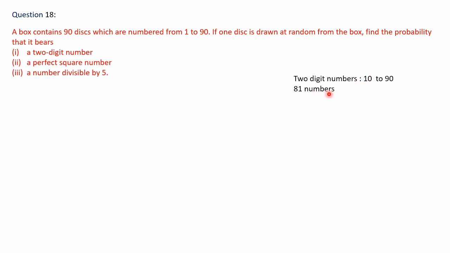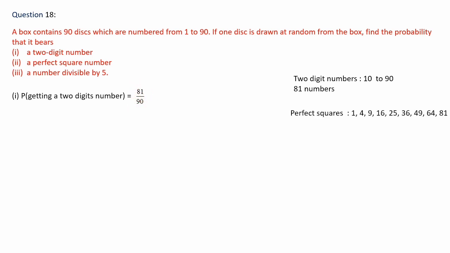You can use your own logic to calculate, not necessarily write and count. So our favorable outcome is ready here. Total is 90. So the probability of getting a 2-digit number is the favorable number divided by the total number, so 81 divided by 90.